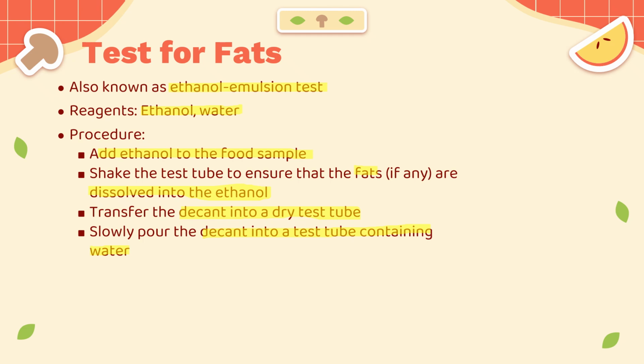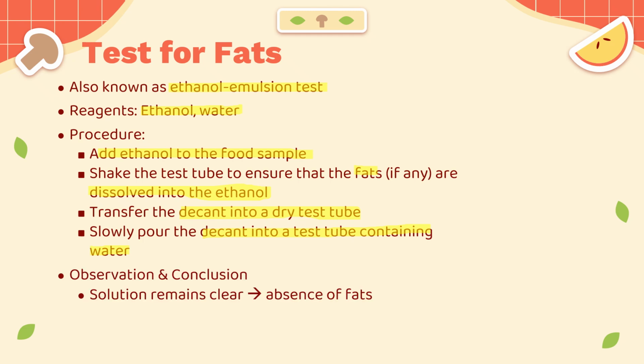When you pour the decant into a test tube containing water, if there are fats, you will be able to see changes. If there are no fats, the solution will remain clear. It means that if you pour the decant into water and it is still transparent, it means that there is an absence of fats.